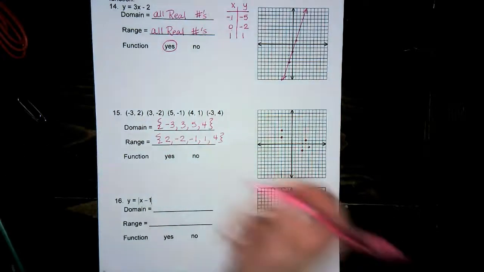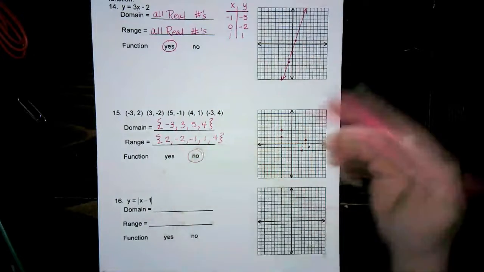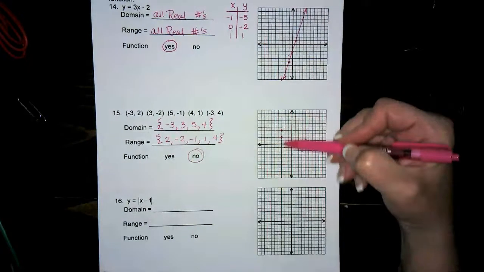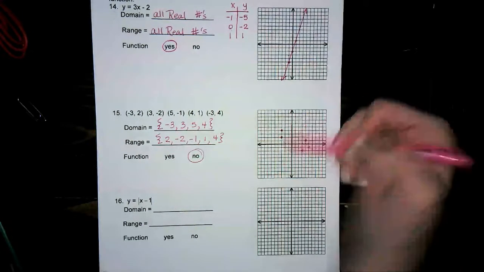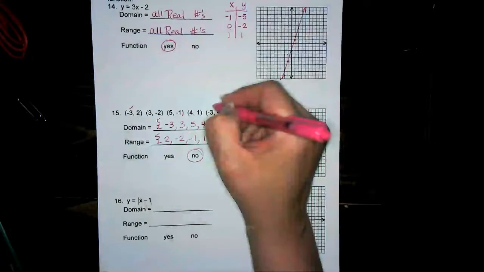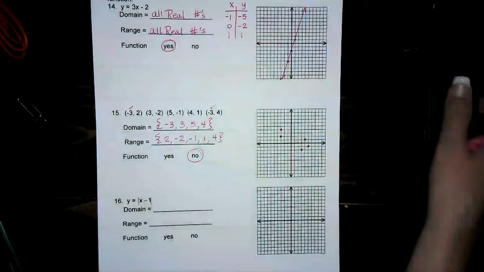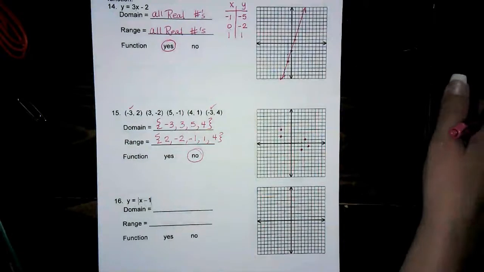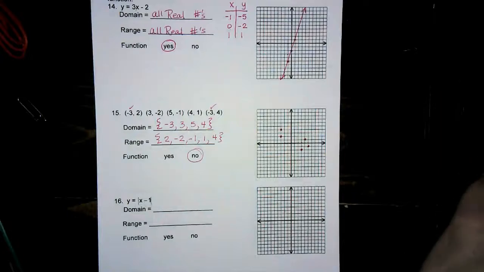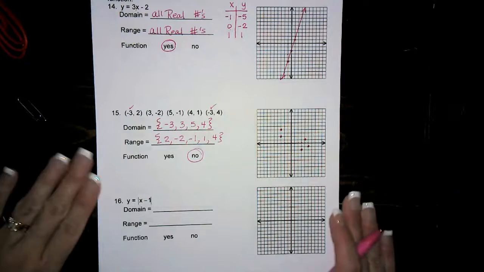Now this one is not a function, because if I lay my vertical line right here, it's going to hit it twice. Also, we saw that the two x values of -3 repeated. And so that left us where we couldn't be a function.